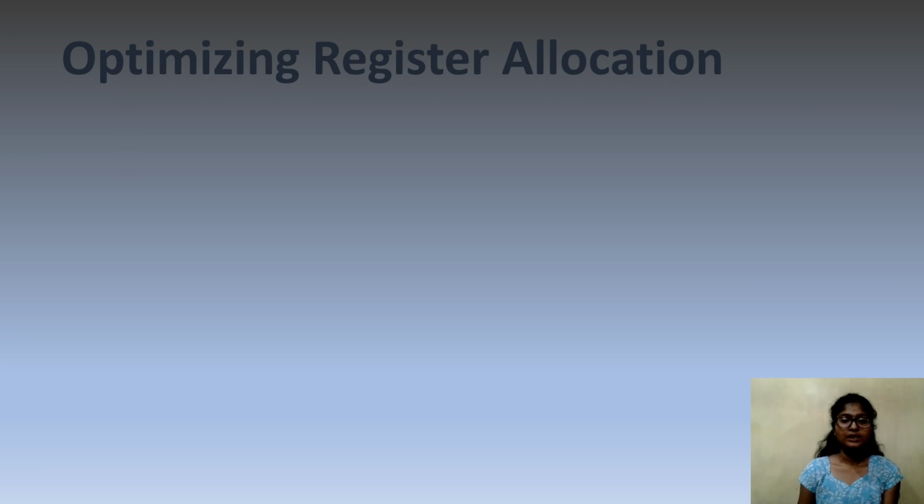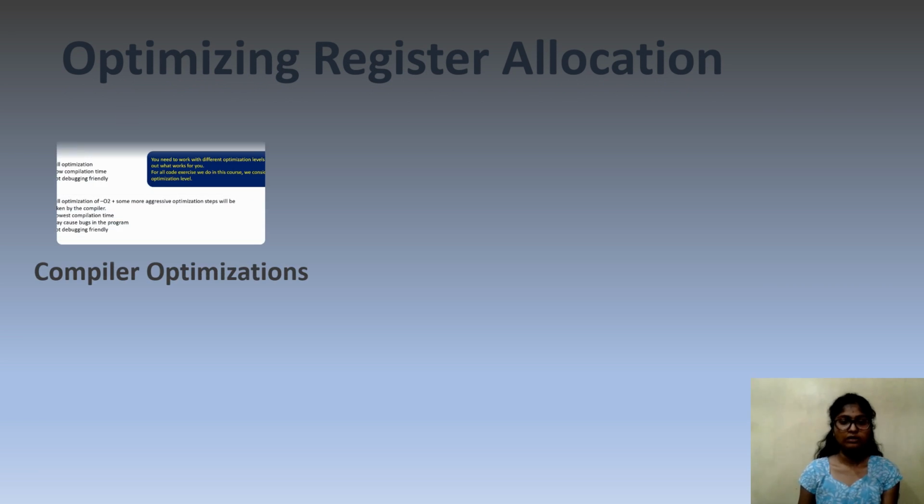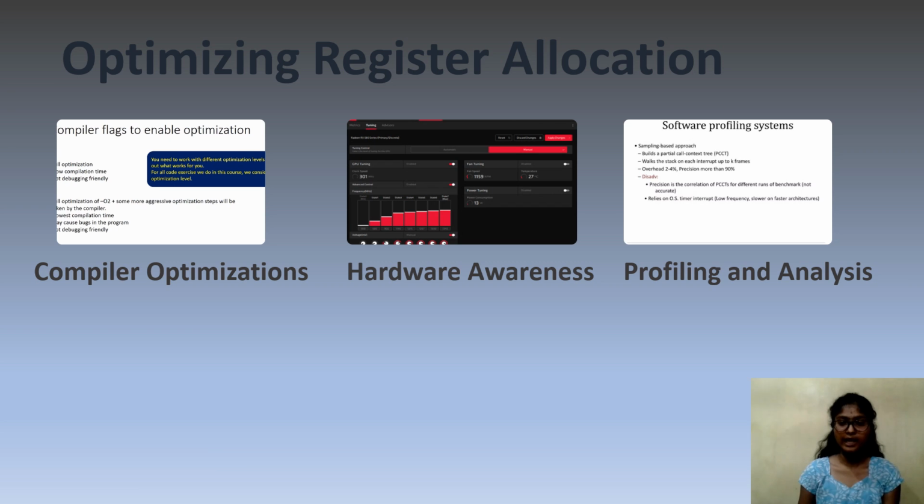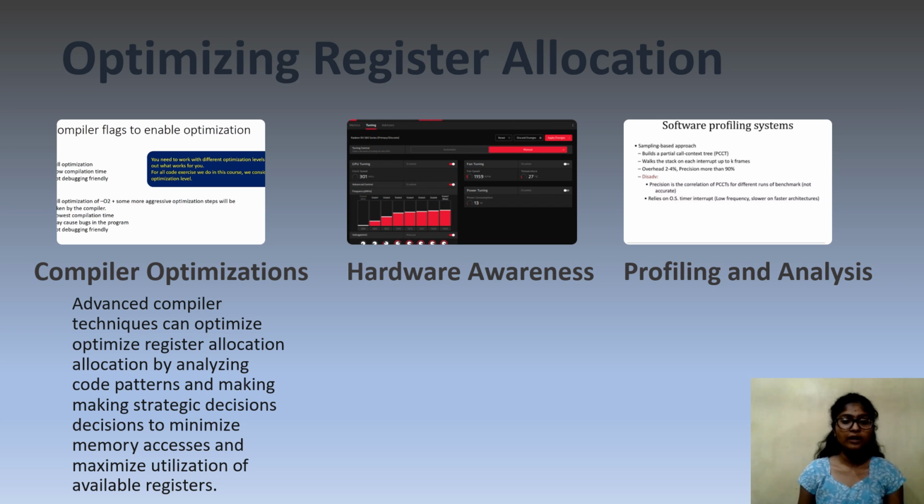The last topic is optimizing register allocation: compiler optimizations, hardware awareness, and profiling and analysis. Coming to compiler optimization, advanced compiler techniques can optimize register allocation by analyzing code patterns and making strategic decisions to minimize memory accesses.